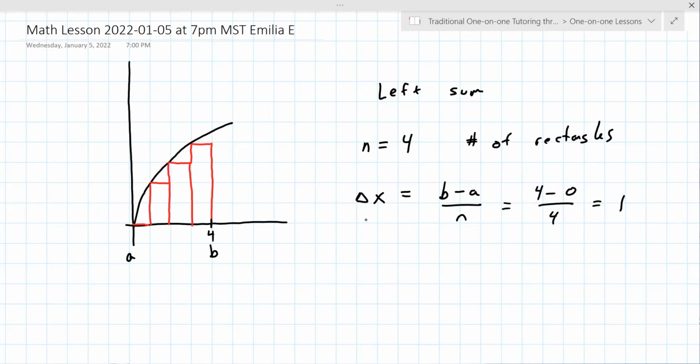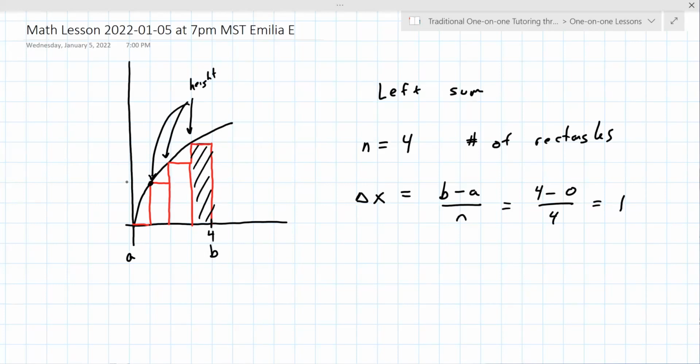So delta x is the width of your rectangle. One of these rectangles right here has a width of 1. Does that seem reasonable? Its height is changing. The height is there, and then the height's there, and then the height's there. It's changing based on the value of the curve, wherever it is on the curve.